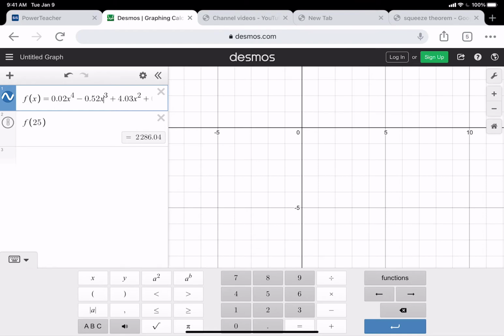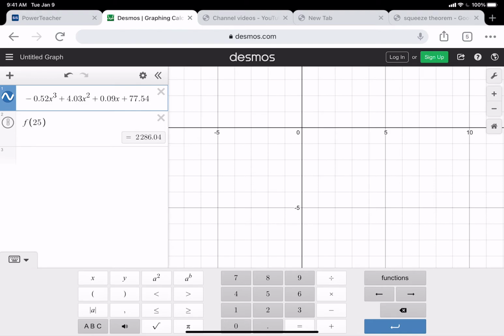It is 0.02x to the fourth minus 0.52x to the third plus 4.03x squared. I can't see the rest of it. Plus 0.09x plus 77.54. Okay, and I went ahead and named that f of x. That way I could say f of 25, and f of 25 is 2,286.04.